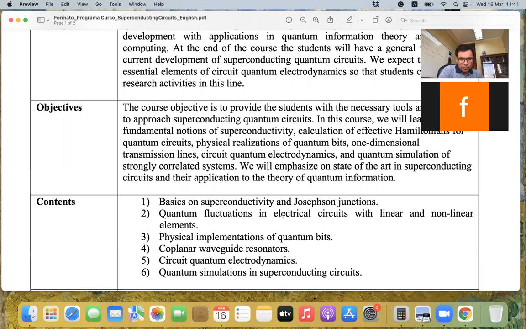Later in topic 3, we will cover essentially physical implementations of quantum bits. So nowadays there is a zoo of circuits, specific arrays of capacitors, inductors, and Josephson junctions that provide an energy structure, energy levels that are, of course, discrete.